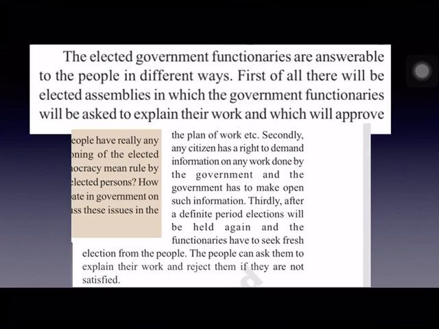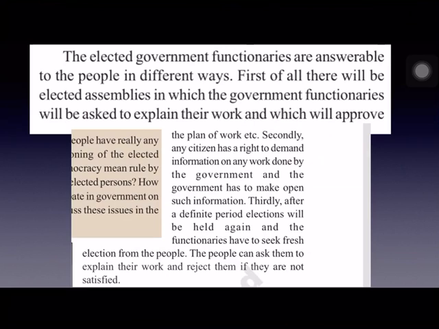Now let us see how the elected representatives are answerable to the people, mainly in three ways. First of all, there are elected assemblies: at the central level it is Lok Sabha, and at the state level it is the state legislative assemblies.